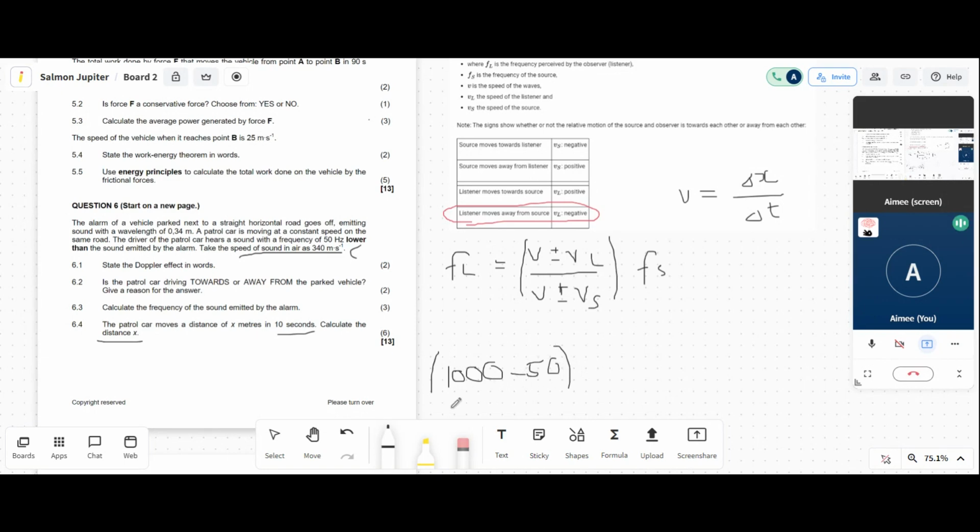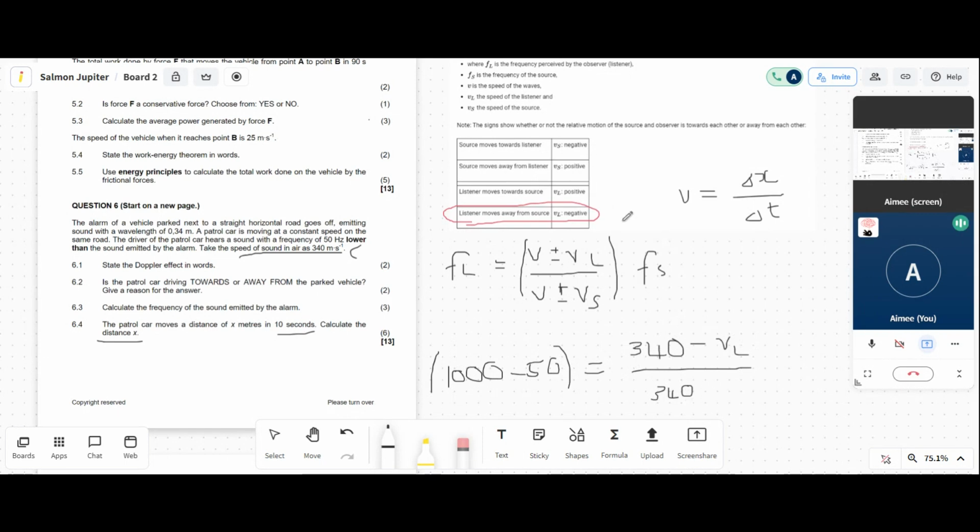So this is the frequency as observed by the listener. Then we substitute in 340. We already know that it's a negative value. We're subtracting it. It's supposed to be smaller. Minus VL is what we're looking for, divided by 340 again, which is the speed of sound through air.